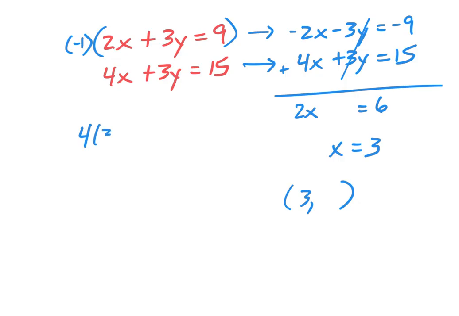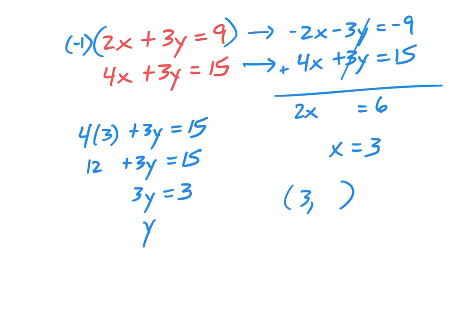4 times 3 plus 3y equals 15. Subtract 12 from both sides. Divide by 3.